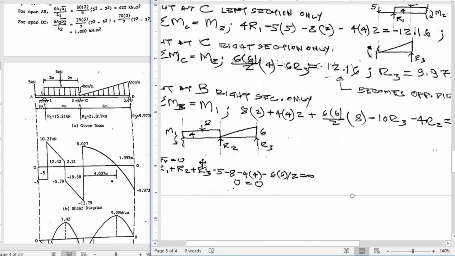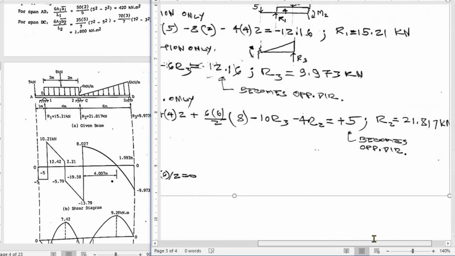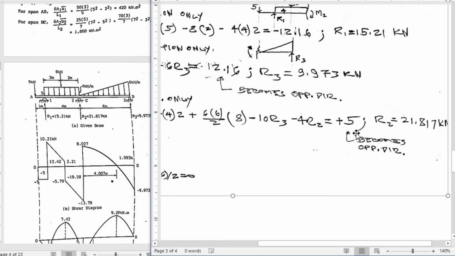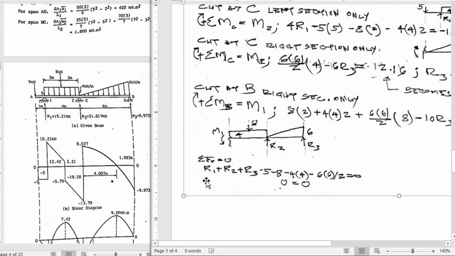Kaya siya naging positive 5 yan. Okay? Ayan, it becomes a positive due to opposite direction. So R2 now is 21.817. So ito yung figure, and you have the summation forces vertical equal to 0 as your check.